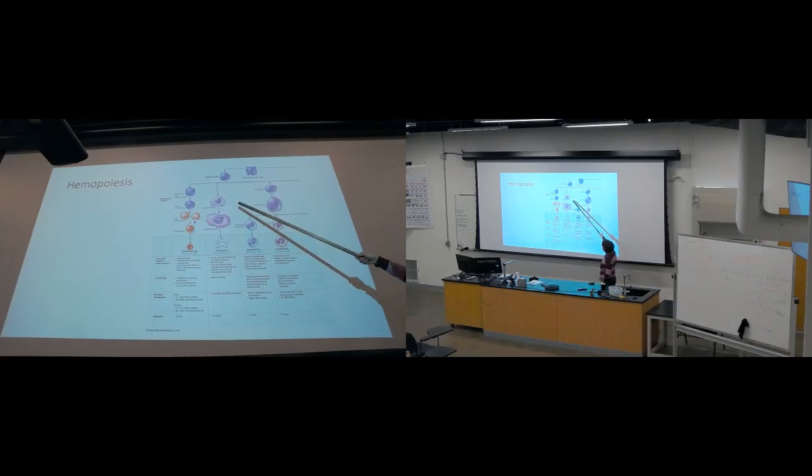Now, for the megakaryoblast, you will form a megakaryocyte, and this megakaryocyte remains attached to the bone marrow and will start releasing platelets. The number of platelets that we typically have is between 150,000 and 450,000 per microliter of blood.